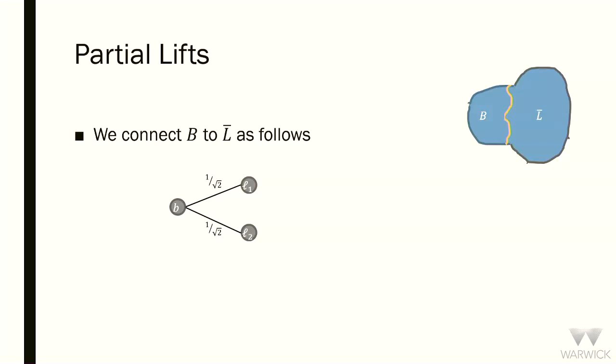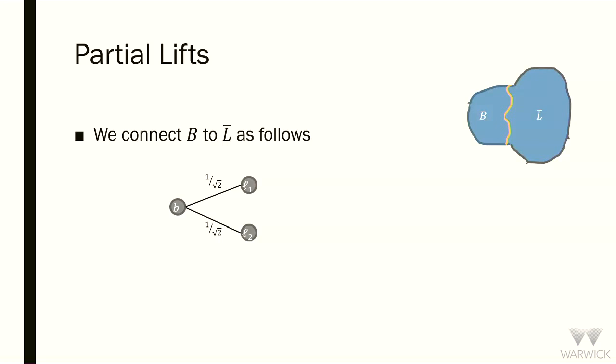If vertices in the base graph B and L were connected, now I duplicated the vertex in L, and I connect the vertex B to the two copies of the lifted vertex, with a weighted edge of weight 1 over square root 2. Okay?